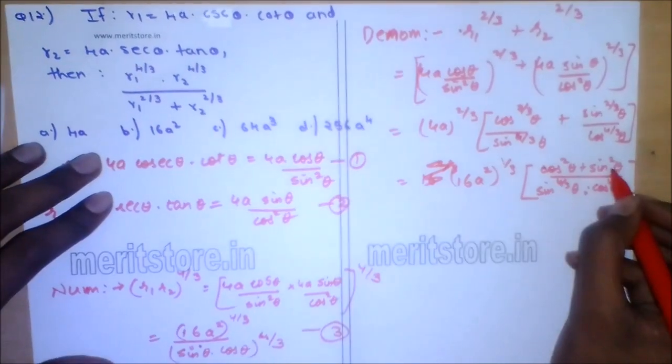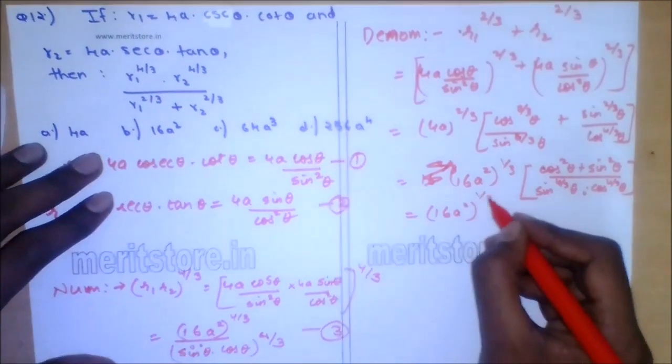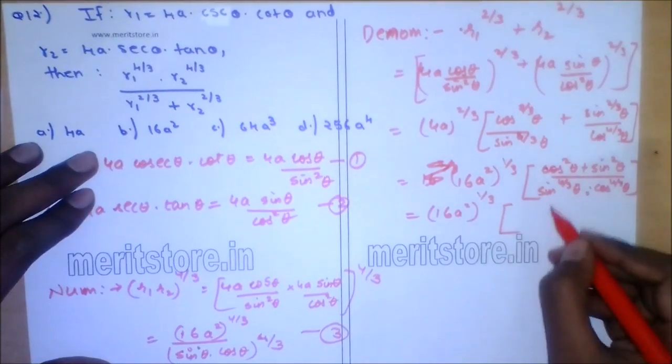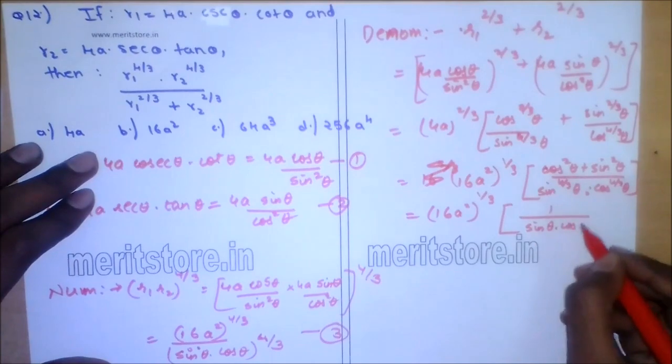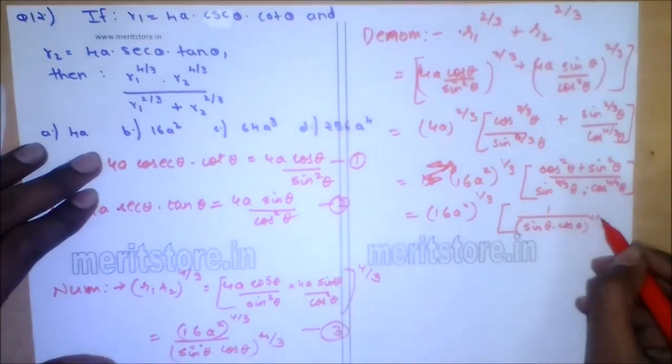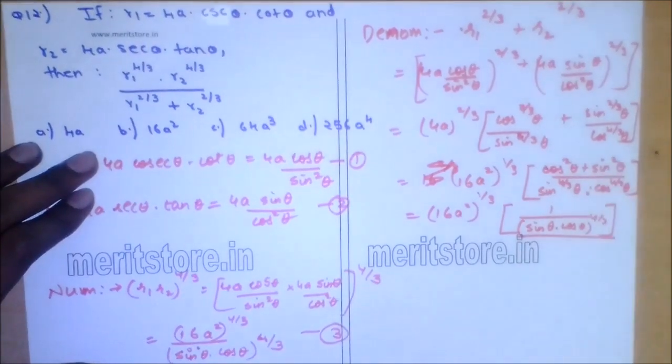Cos square theta plus sin square theta is 1. So we have (16a square) raised to 1 by 3 into 1 by (sin theta cos theta) raised to 4 by 3. So we compare the numerator and the denominator. This term is the same.